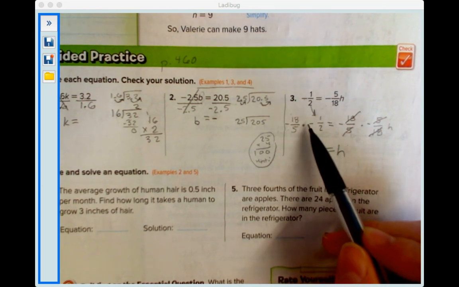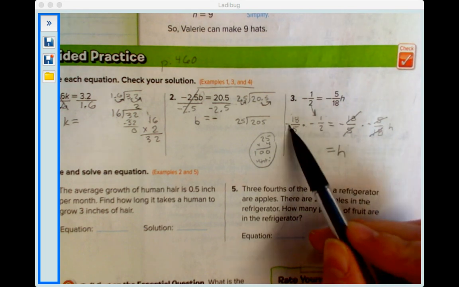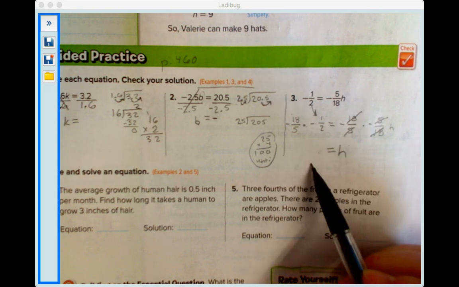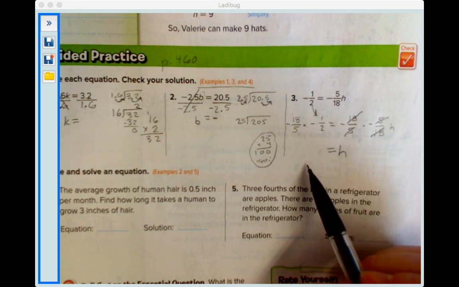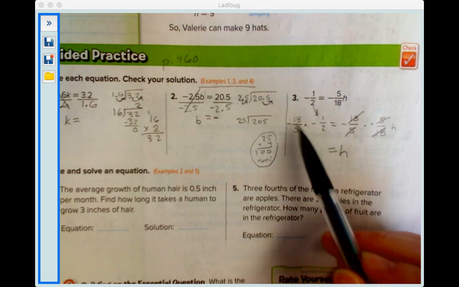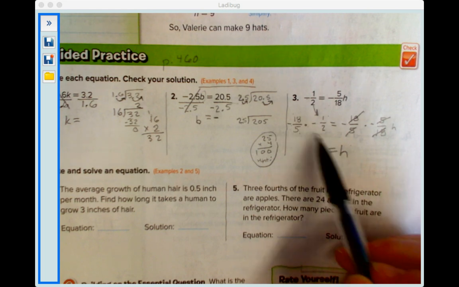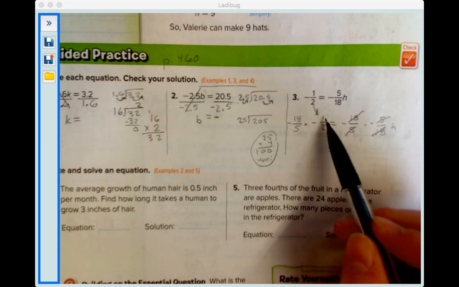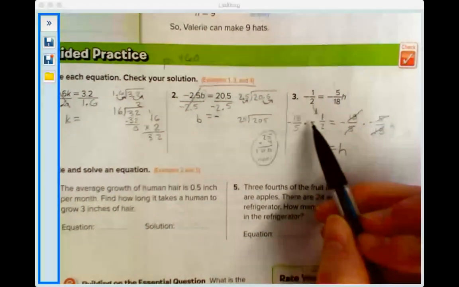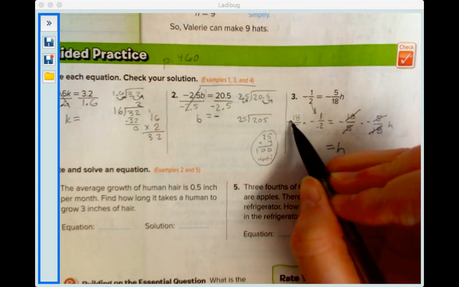Negative 18 times negative 1. Negative 5 times negative 2. We can multiply those right now, or we can divide currently so that these are smaller. We can simplify earlier. 5 and 1 are already simplified by 1. 18 and 2, they can both be simplified by dividing by 2.